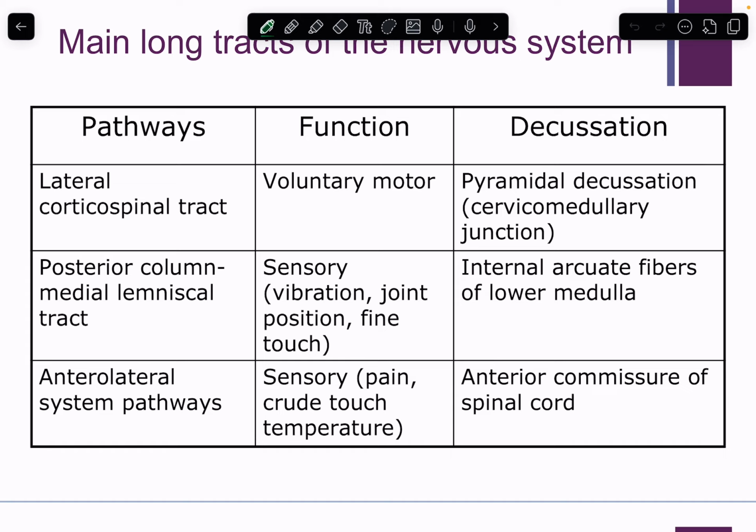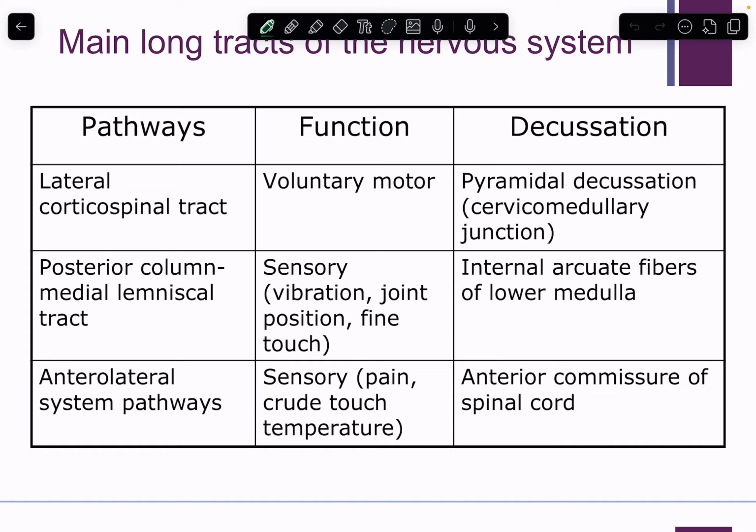From there, they will ascend again to the thalamus. The thalamus is the relay station, and then it will finally send signals to the primary somatosensory cortex in the parietal lobe. So what's the clinical implication for this?